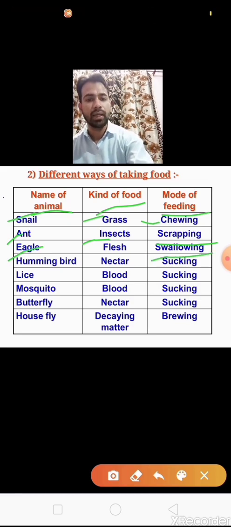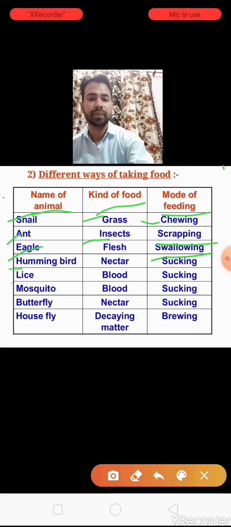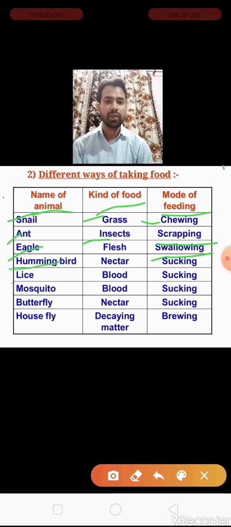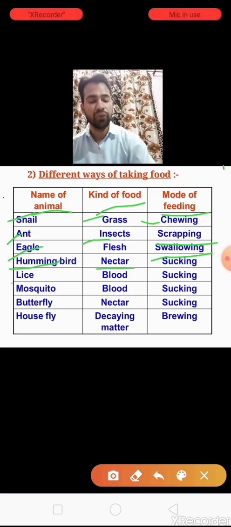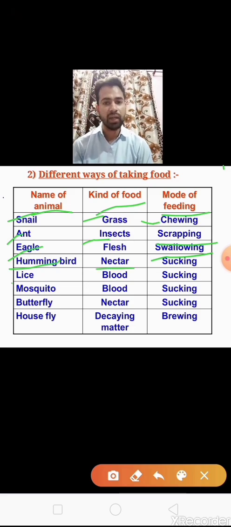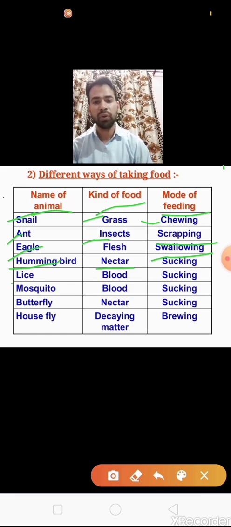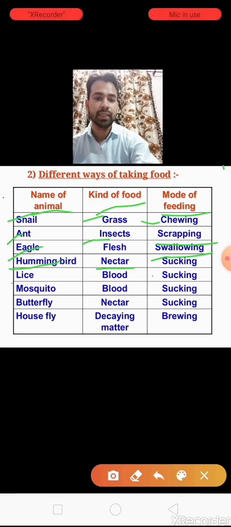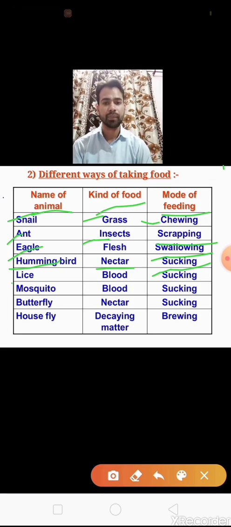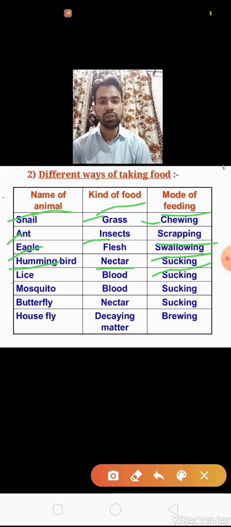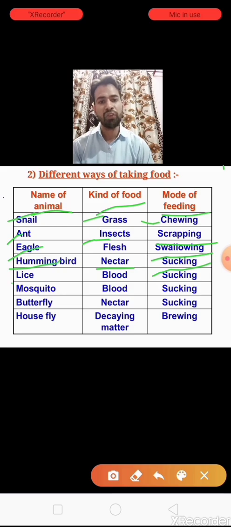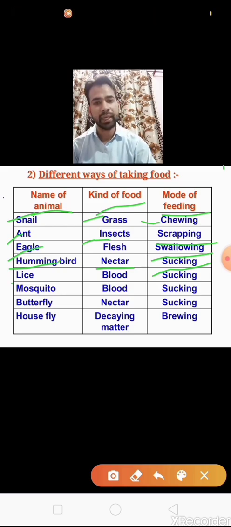Fourth, that is hummingbird, they take nectar as food from the flower, and the mode of feeding is sucking. Okay, lice, mosquito, butterfly, they also have different kinds of food, but the mode of feeding is sucking.